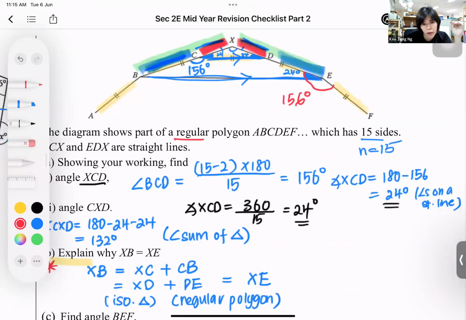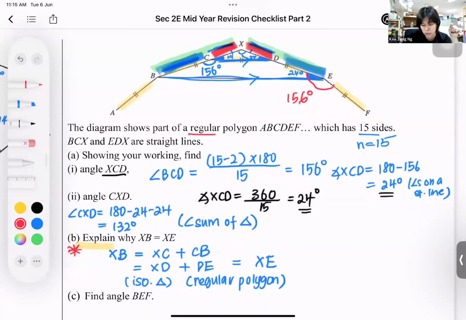Okay, so what is the property of a regular polygon? If you cut across the sides in the same manner, you have parallel lines, right? So in this case, this one is definitely 24 degrees.